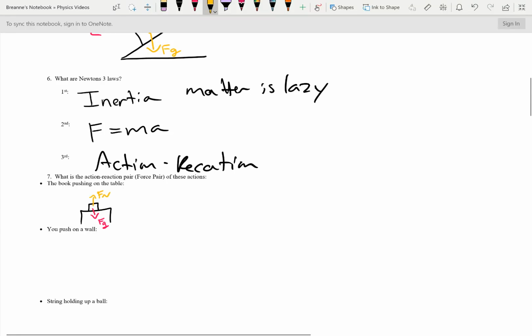It's the force of gravity of the book pushing down and the table pushing up. That's an action-reaction pair. If you were pushing on the wall, you have some type of force applied. The opposite of that would be the normal force of the wall. So you're pushing on the wall and the wall's pushing back on you.